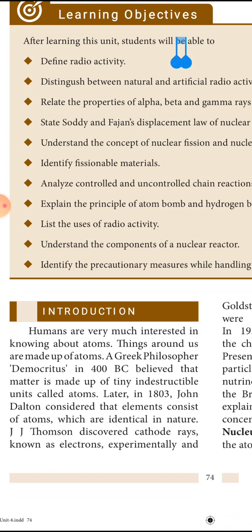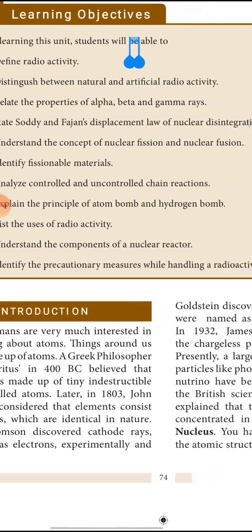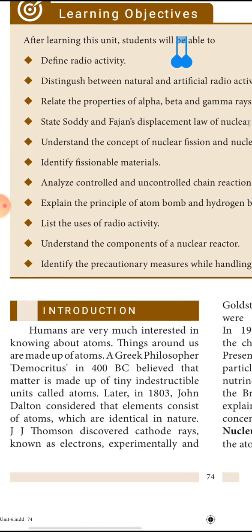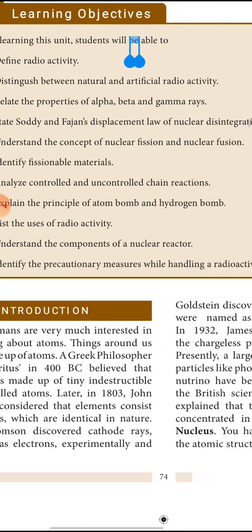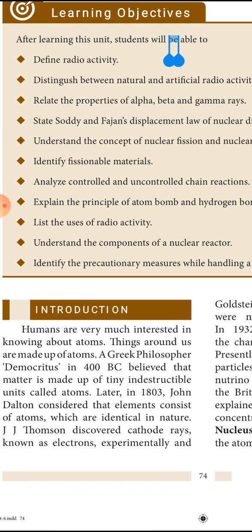If you are able to control the fission reaction, that is called a controlled chain reaction, which is activated in the nuclear reactor at Kalpakkam, and nuclear energy is converted into electrical energy. An uncontrolled chain reaction gives a devastating effect such as an atom bomb. The principle of the atom bomb and hydrogen bomb, based upon nuclear fission and fusion, we are going to see that.